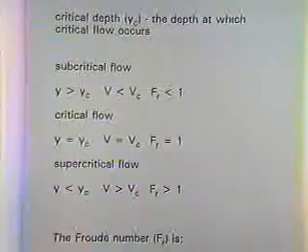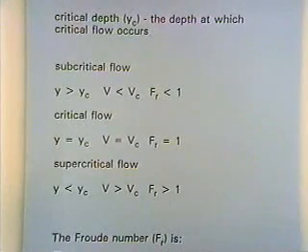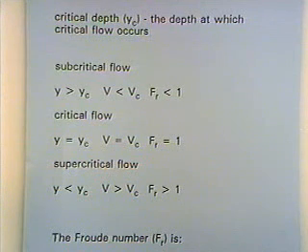And this is really more along the lines of continuing definitions. Critical depth, Y sub c, is the depth at which critical flow occurs, and then we define subcritical flow, critical flow, and supercritical flow. Subcritical flow, by definition, has a depth greater than critical depth and a velocity less than critical velocity. So subcritical flow means the water's not flowing very fast, and any of the natural streams in Texas are subcritical flow.